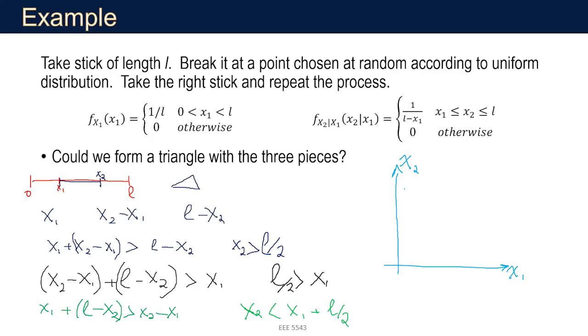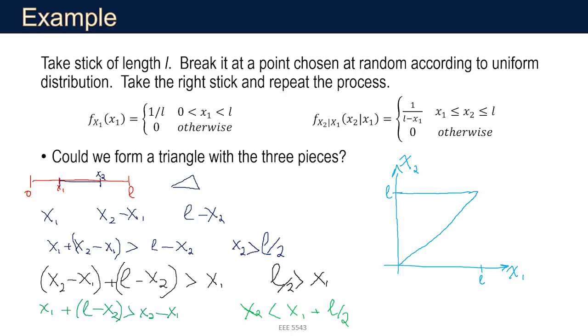For our original experiment, we took a stick and broke it at x1 and then at x2. So x1 could go from 0 to L. x2 also goes from 0 to L, but x2 must be greater than x1. It means that our original experiment is only over this sample space here.